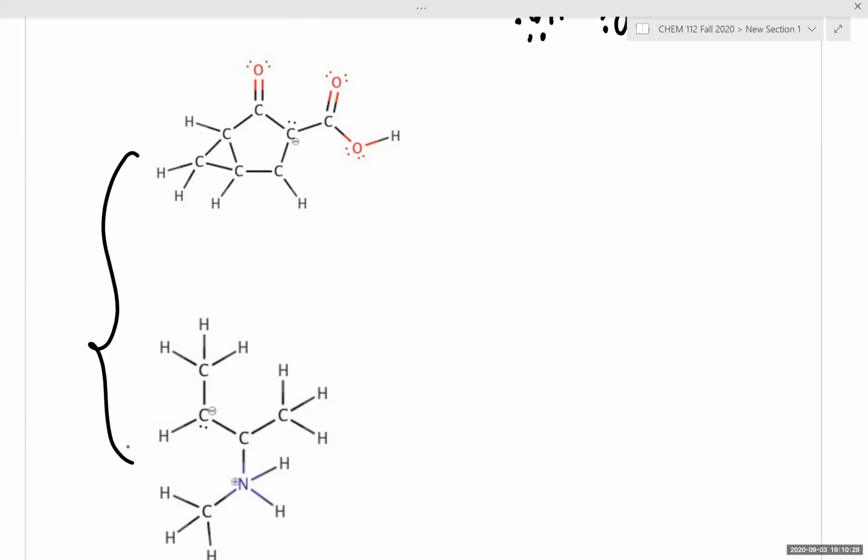And don't be shy to share your responses using the annotate feature, which is found in the view options tab, which is the upper little black drop-down menu in the Zoom view. So don't be shy to share your proposed bond line structures, and I'll be happy to provide feedback.